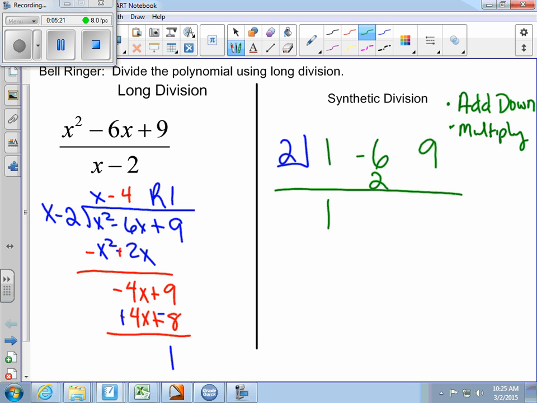So add down, then multiply. So you multiply the 2 and 1, you put it there. And then you repeat. Add down, -6 plus 2.